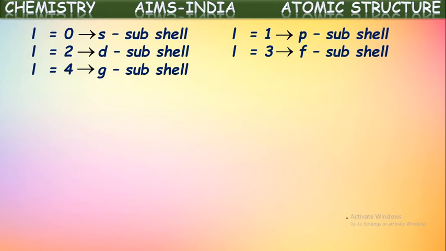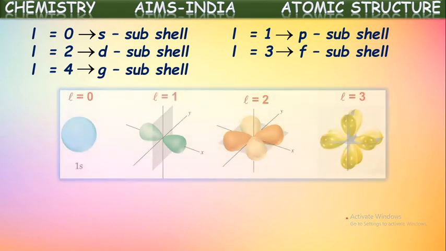If l is 1, p subshell. If l is 2, d subshell. If l is 3, f. If l is 4, g subshell. In this way, the l value represents the subshell in which the electron is located, and so the shape of the subshell in which the electron is revolving around the nucleus.